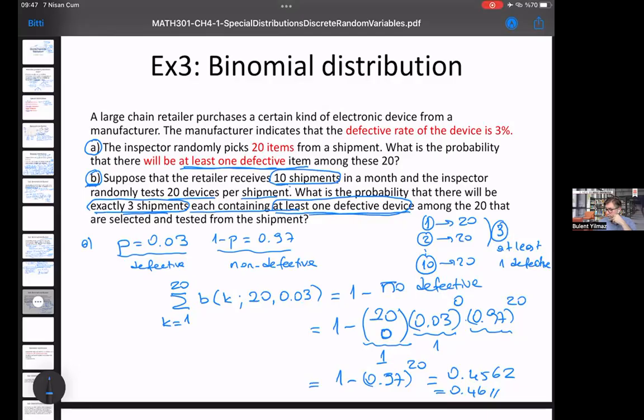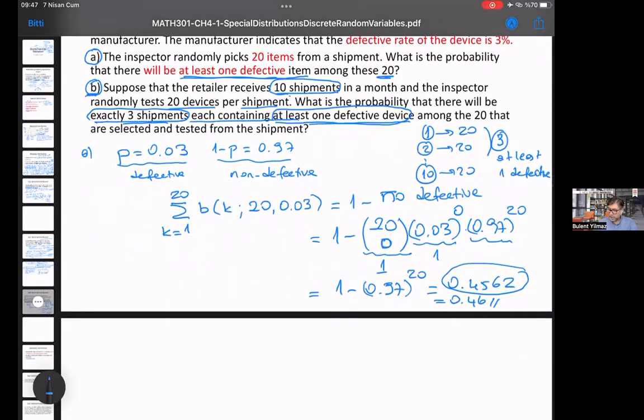So we know the probability of obtaining at least one defective out of 20 devices, right?